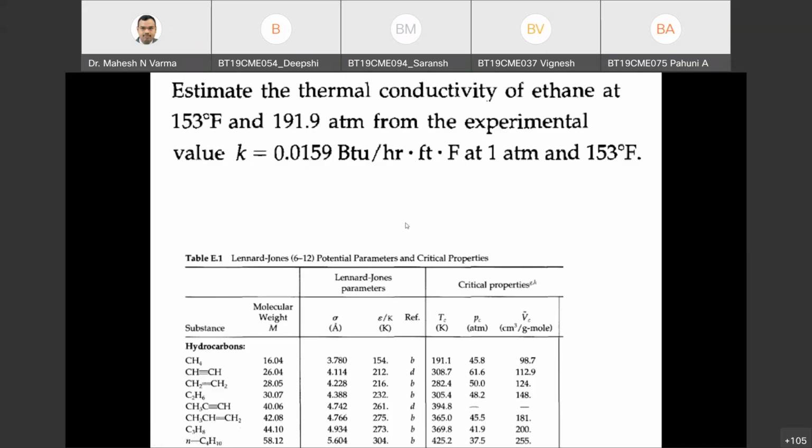Certainly you need to convert this temperature to Kelvin. I am repeatedly telling that whenever you are using any design equation, either in kinetics, thermodynamics, heat transfer, mass transfer, anywhere, make sure twice what unit of temperature you are supposed to use, and what unit of temperature is given in the given data.